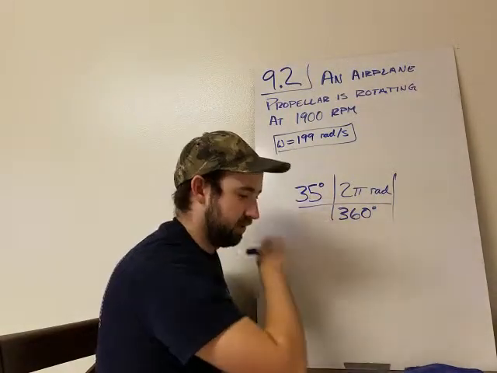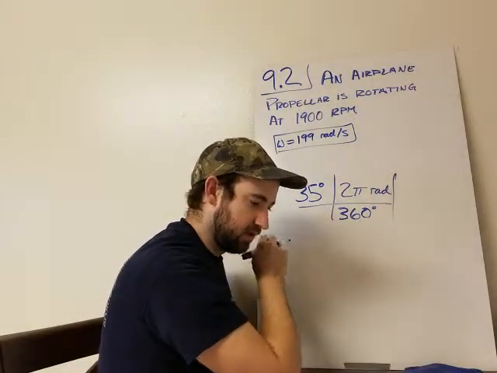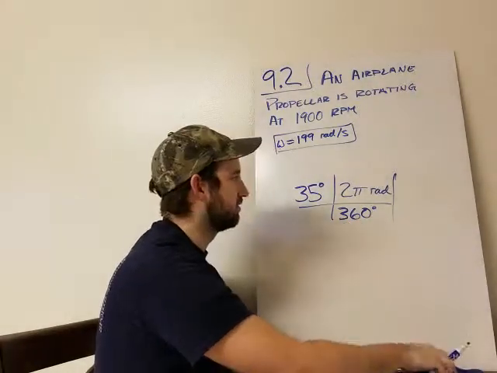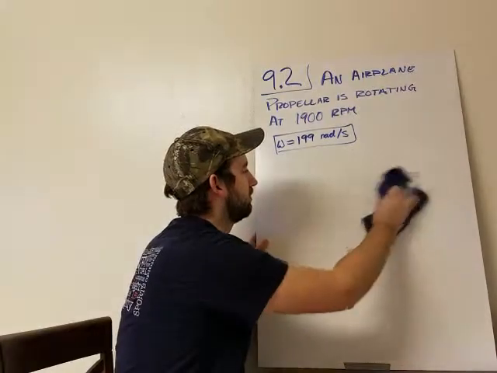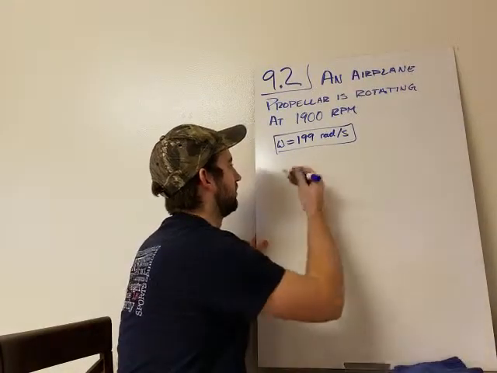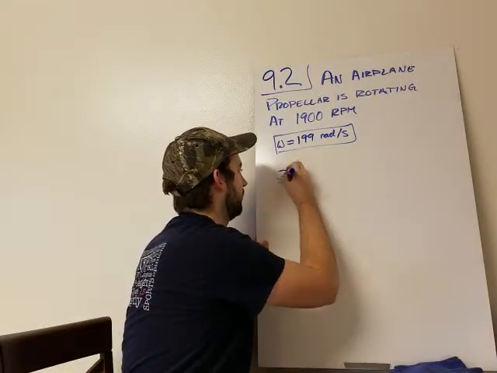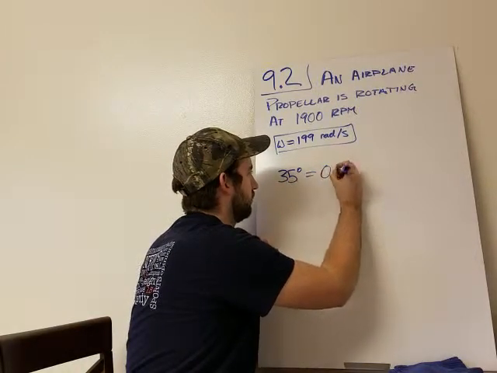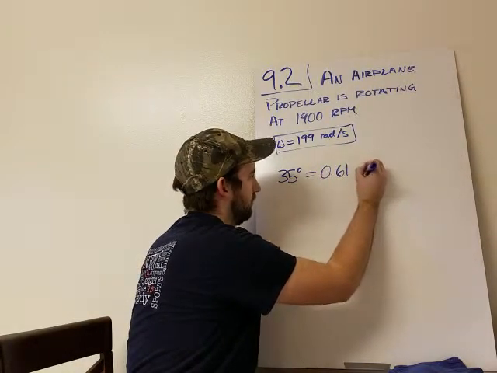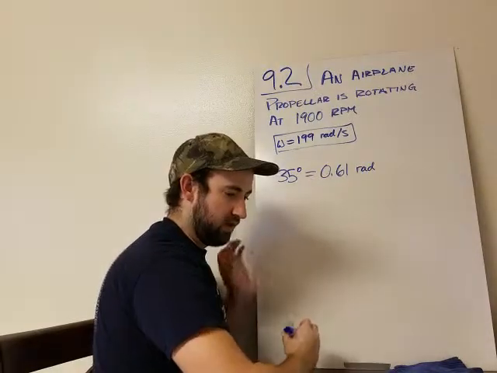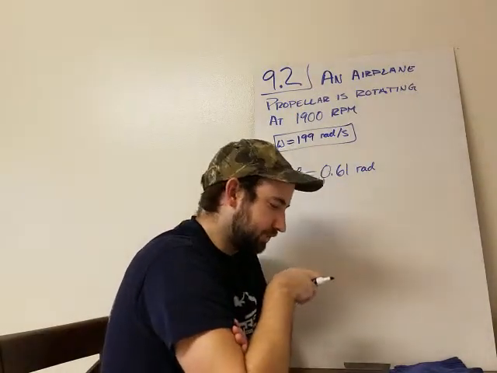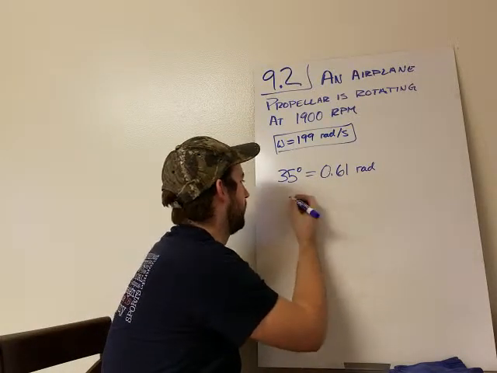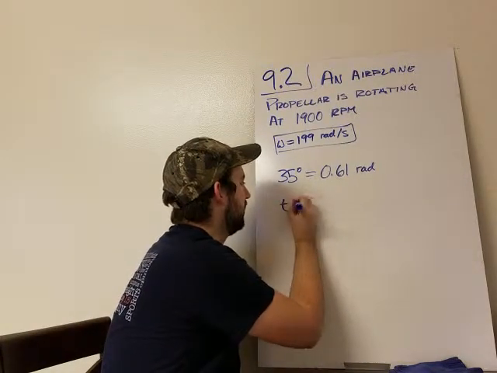So we plug that into our calculator and we get that 35 degrees is about 0.61 radians. So we'll just put that here. So 35 degrees equals about 0.61 radians.